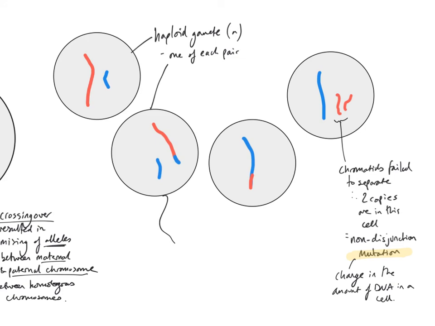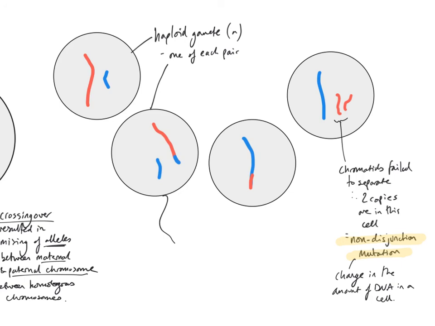So again, in biology, the exam question asks you to apply your knowledge of meiosis to different scenarios, and it might be, describe how a zygote, a fertilized egg cell, is produced for someone who's got Klinefelter syndrome, who's got XXY chromosomes. So therefore, the answer would be that it would be due to a non-disjunction mutation, where in meiosis, the chromatids fail to separate.